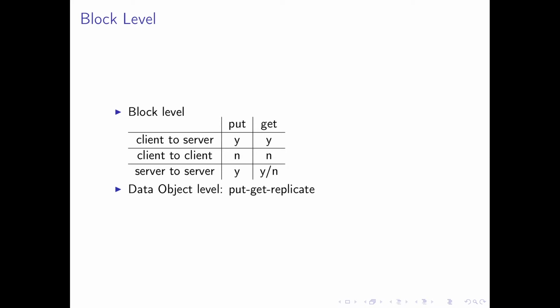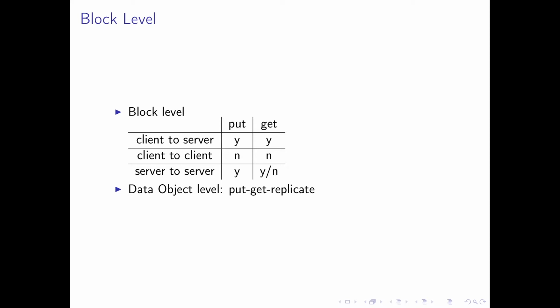With the introduction of blocks, we have a block-level API. The block-level API I'm going to present today is very simple: there's just put and get. Then there are three directions: client to server, server to client, and server to server. You don't want clients talking to each other directly, so the second row is no, but the first and third rows can be yes.